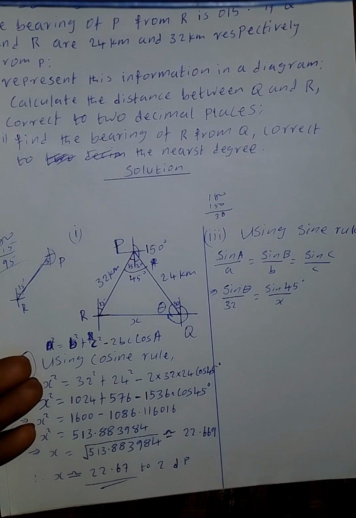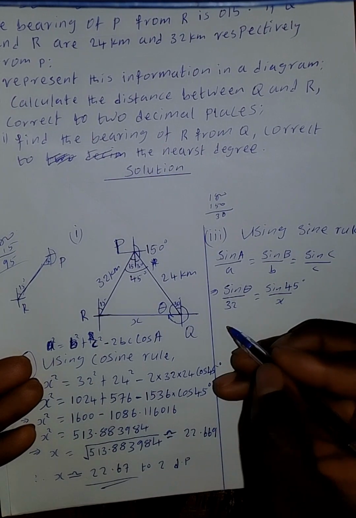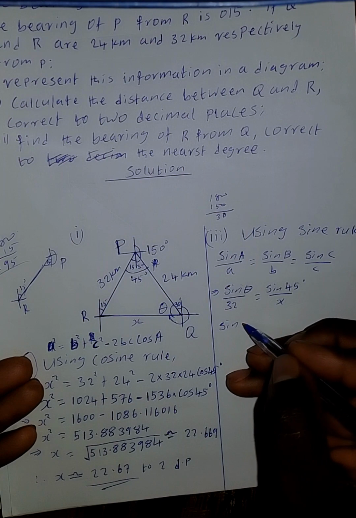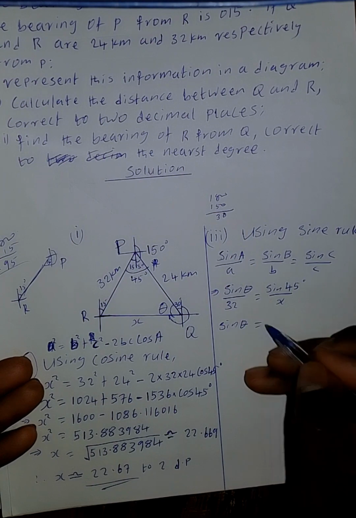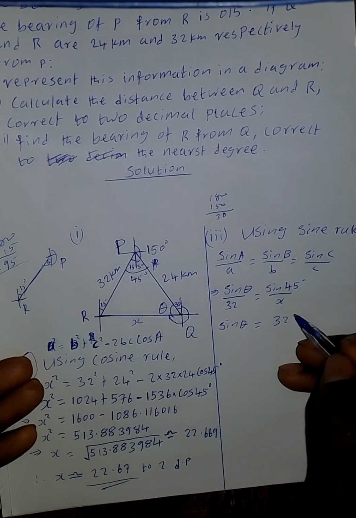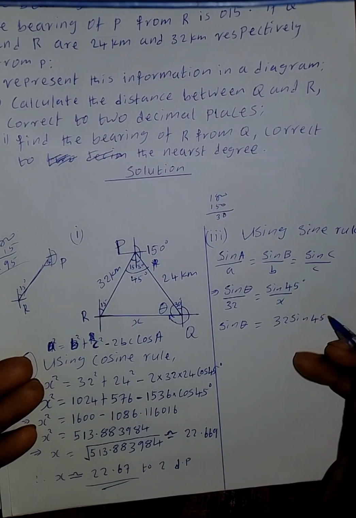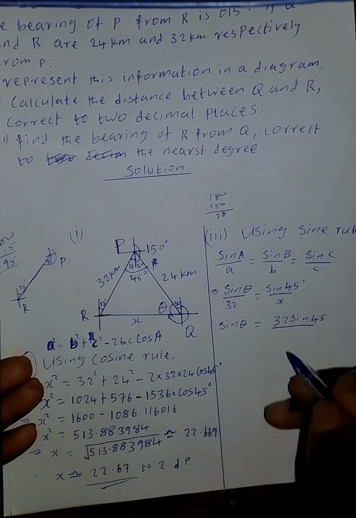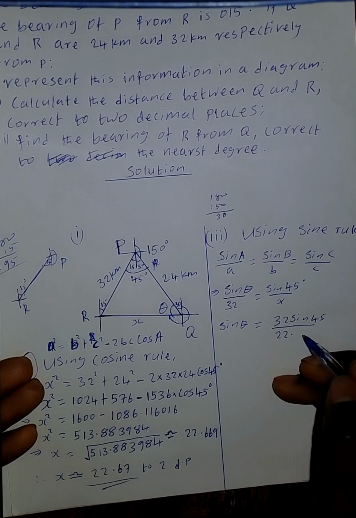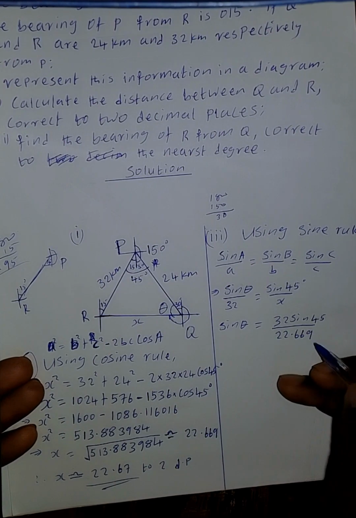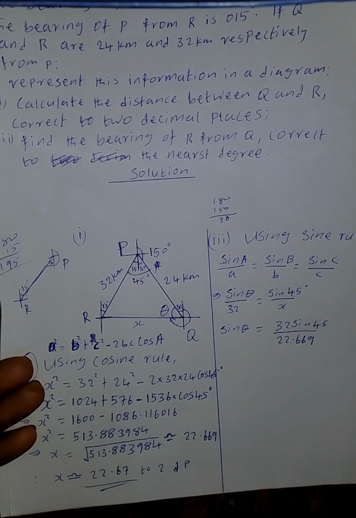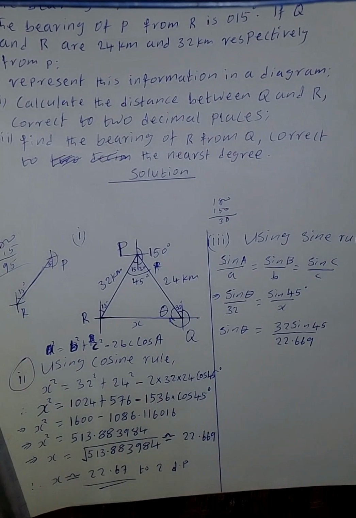You know your actual value of x, it is on this approximation. So this means that sine theta is equals to 32 sine 45 degrees all over x, which is 22.669. Punch this in your calculator. 32 sine 45 divided by 22.669.